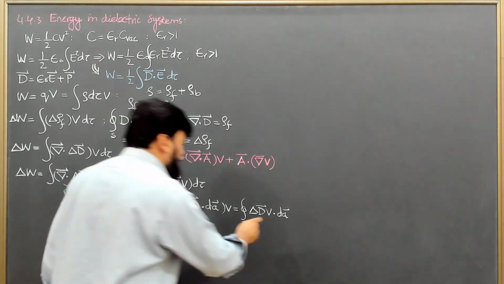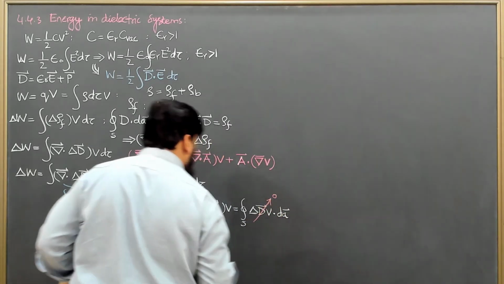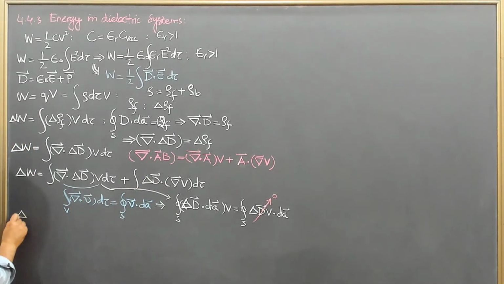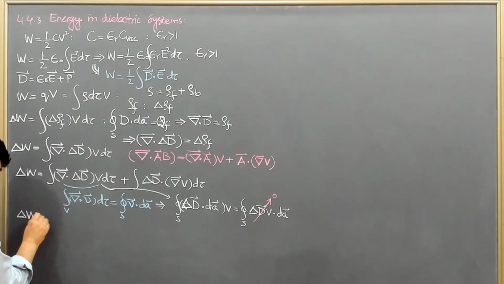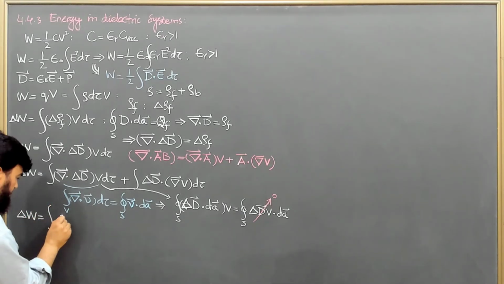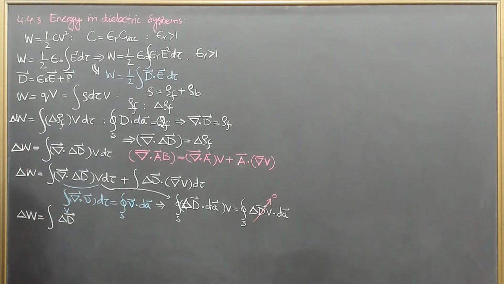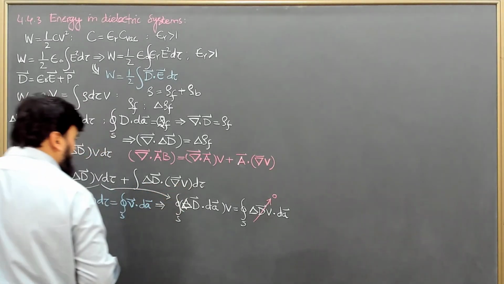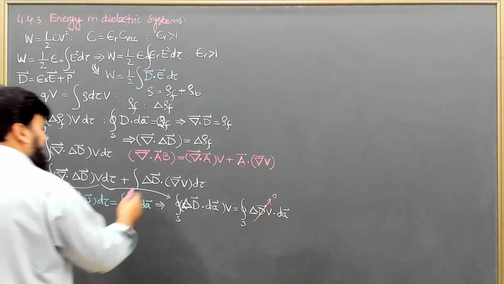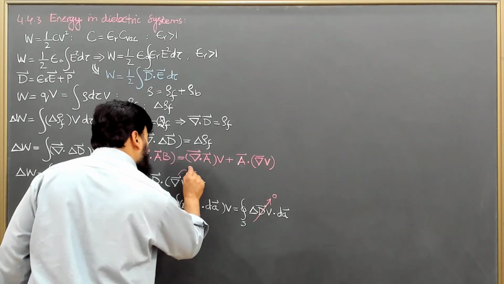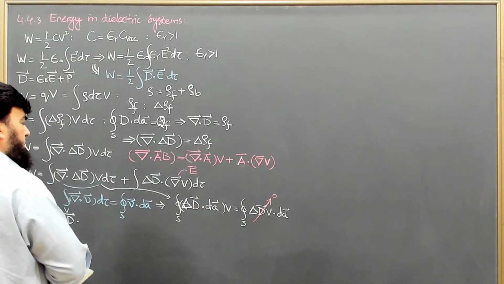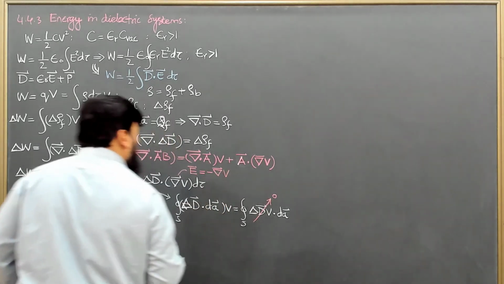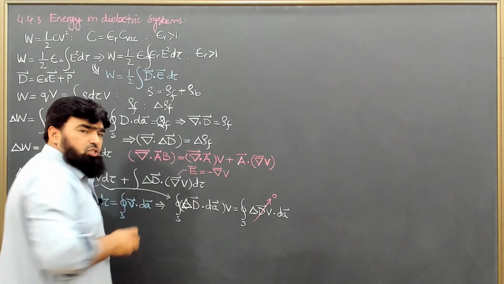So this term goes to zero and we are left with the change in energy, which is equal to the integral of delta D dot the gradient of V. I can replace the gradient of V with E, since the negative gradient of potential is the electric field.